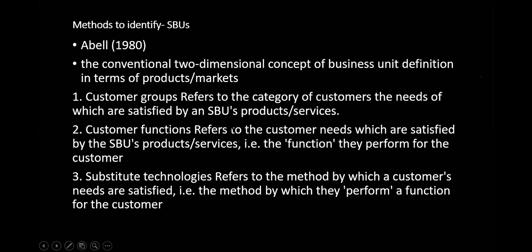But the idea is, when you define the SBU, it has to be not too broad, not too narrow, like working capital management, not high, not low. It has to be an optimum, manageable thing. Otherwise, it's very difficult to implement the other three stages of the strategic management accounting process.